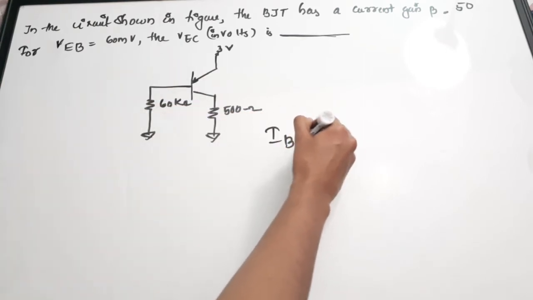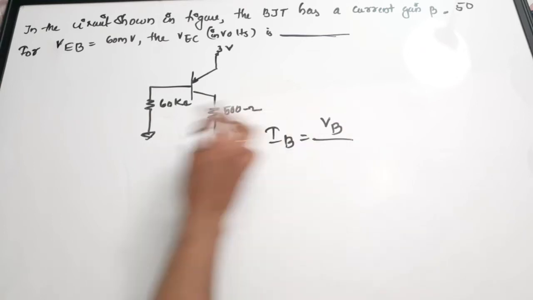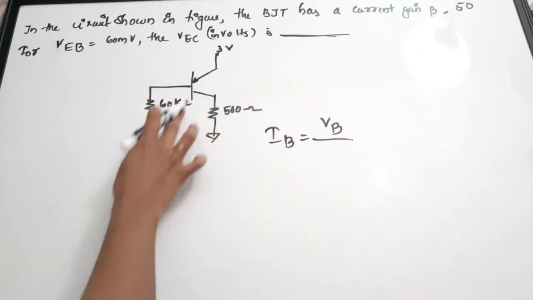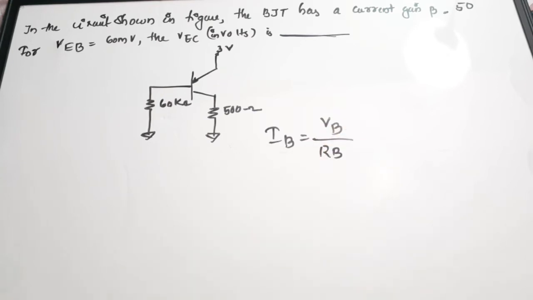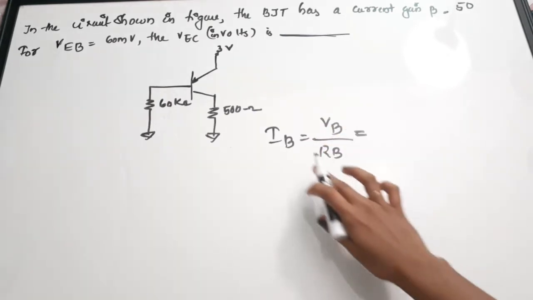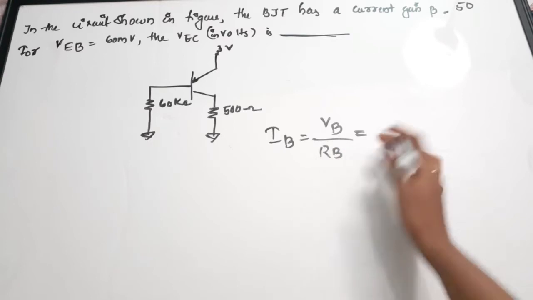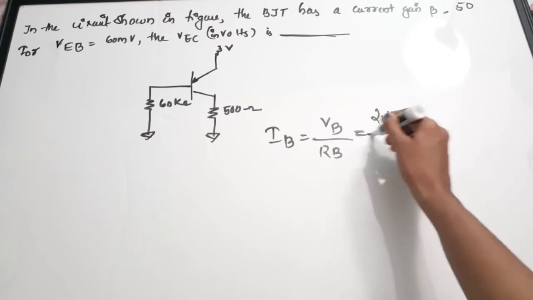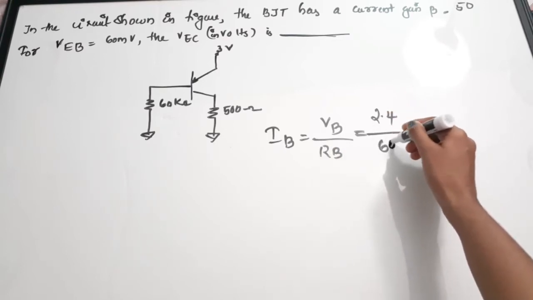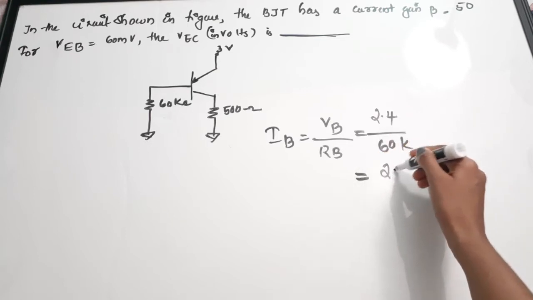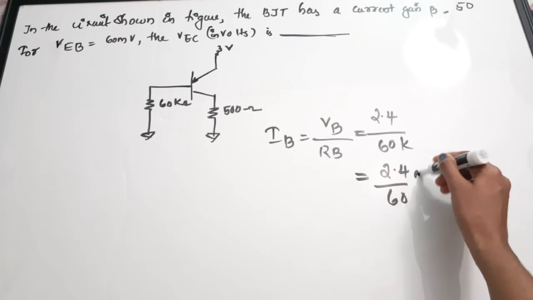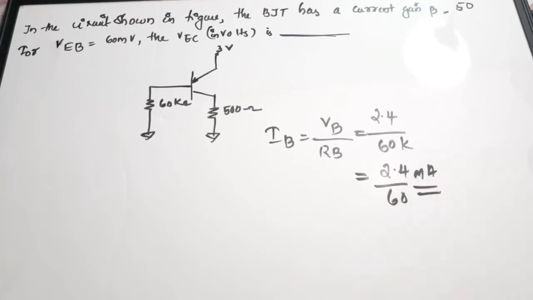IB equal to VB by 60K. This is the base region, and the resistance RB equal to 60K. IB is equal to VB by RB, which is 2.4 by 60 milliampere, the value of your base current.